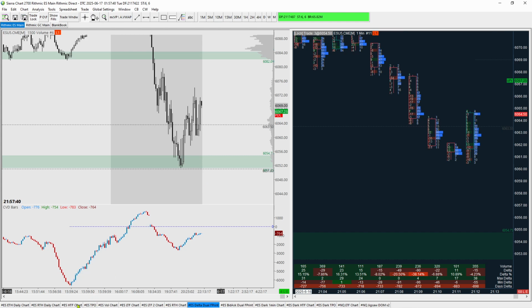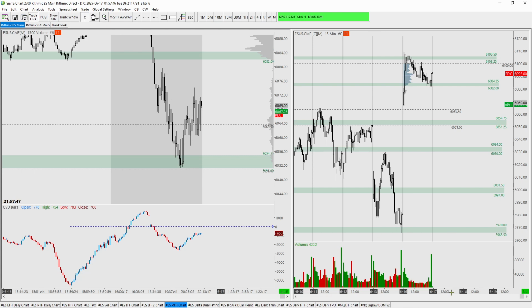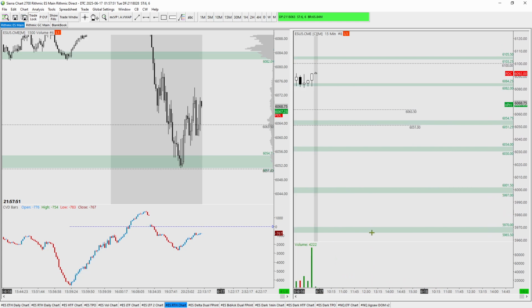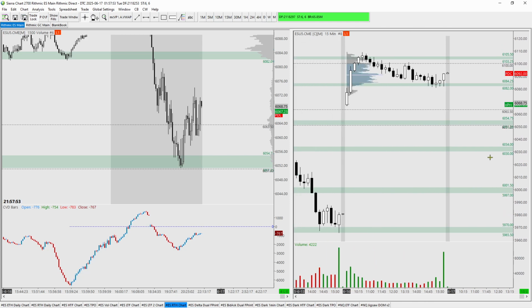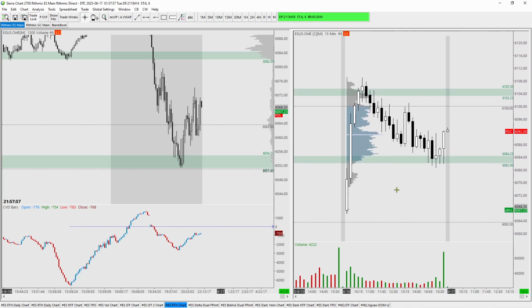Yeah, and another thing I like to mark is the value area high and low of a prior day. So that is the 70% calculation of a single day's value.